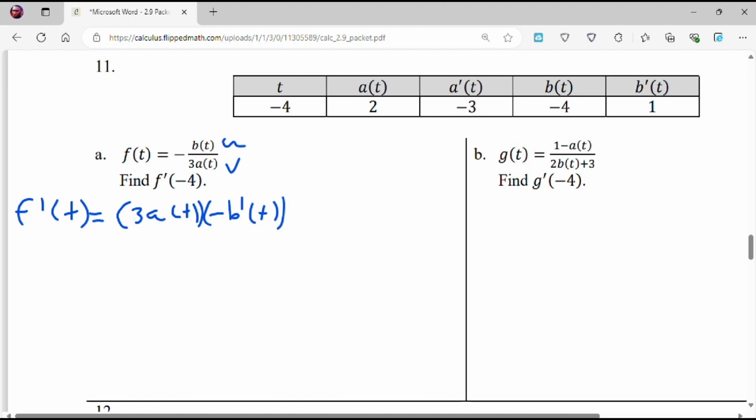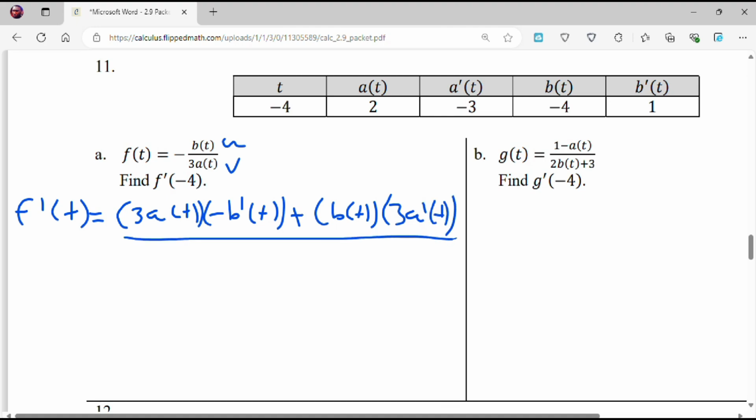So minus negative b of t is plus b of t times v prime. So 3a prime of t over 9a of t squared.